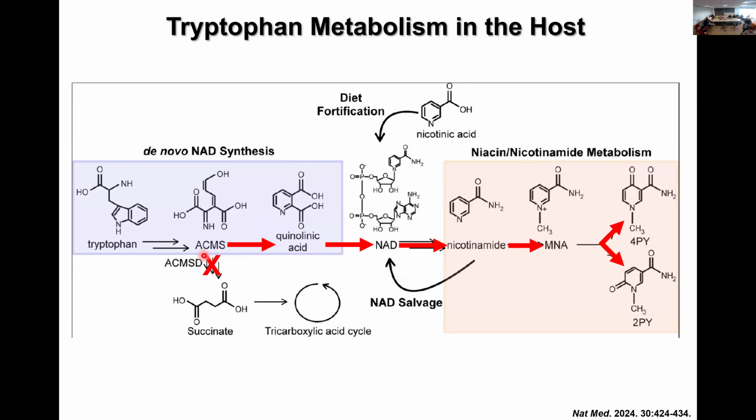Instead of blocking over here, imagine you have a lot of ACMSD activity, and you flush things towards the TCA cycle. That's going to deplete you of niacin, of nicotinamide. And that's exactly what happens in the mouse, unless you fortify it with vitamin B. If you don't give that mouse vitamin B, it becomes nicotinamide deficient, NAD deficient. So this biological model all fits together.